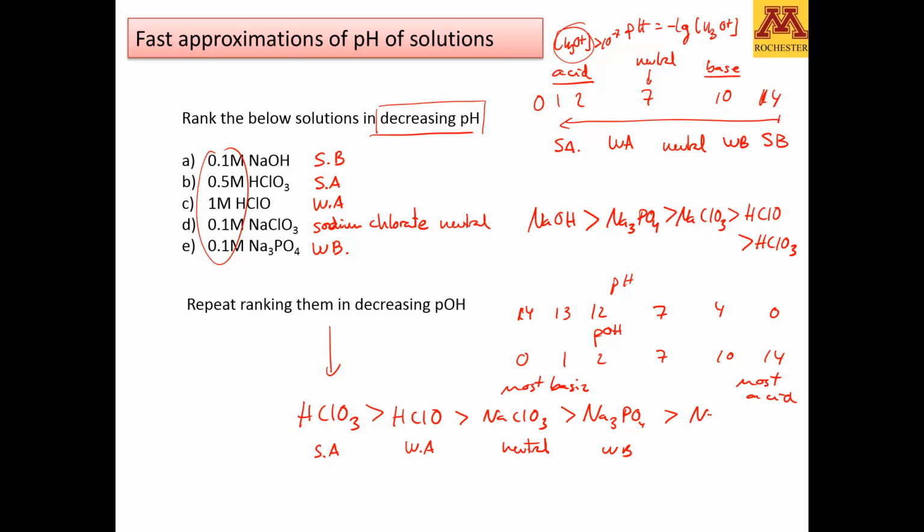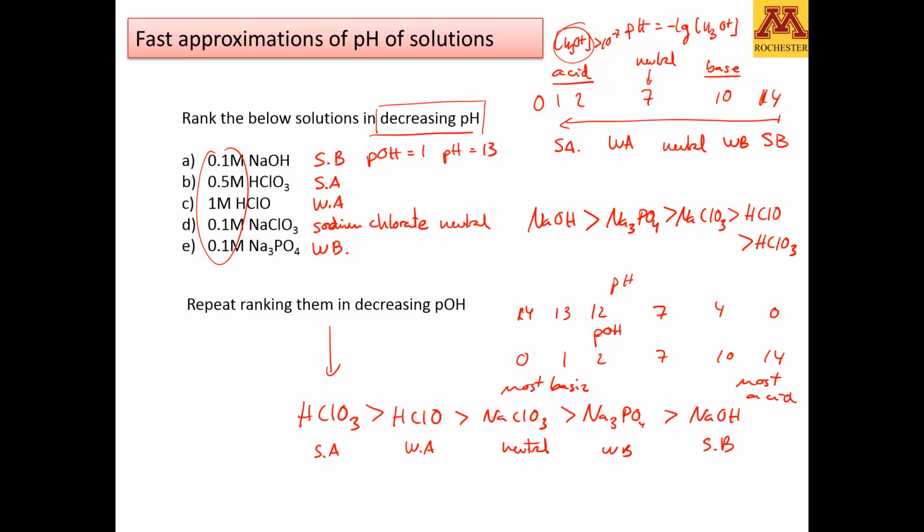And finally, the one with the lowest pOH will be sodium hydroxide, which is a strong base. Hopefully you can see that the pOH of a 0.1 molar strong base is 1, therefore the pH is 13. You could do the same for all of them, or actually no, not true. You could do the same for only the strong acids and strong bases.